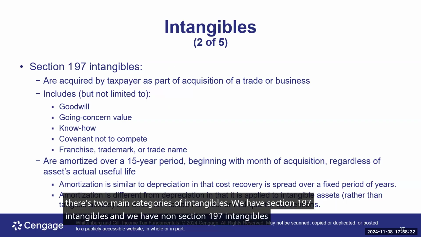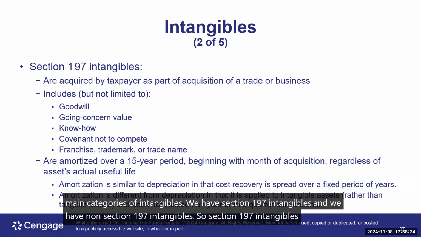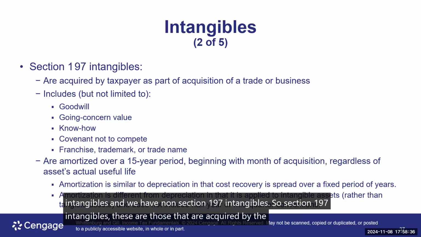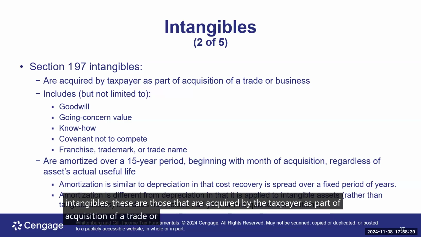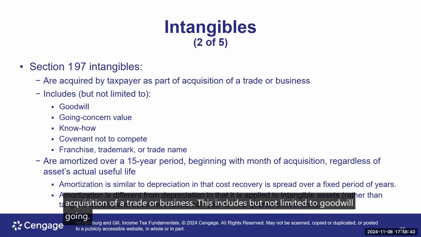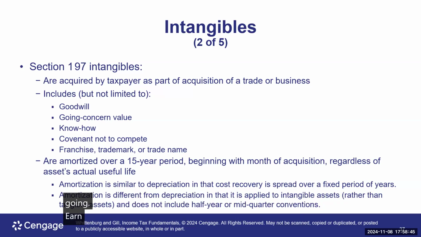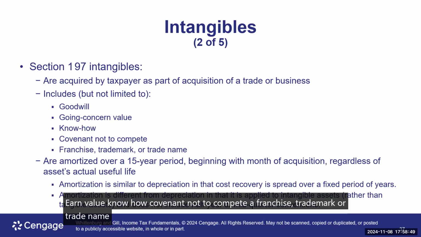Section 197 intangibles are those that are acquired by the taxpayer as part of the acquisition of a trade or business. This includes, but is not limited to, goodwill, going concern value, know-how, covenant not to compete, a franchise, trademark, or trade name. And these are amortized over a 15-year period beginning with the month of acquisition, regardless of the asset's actual useful life.